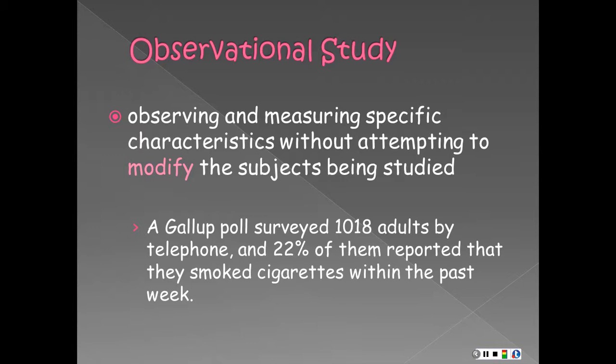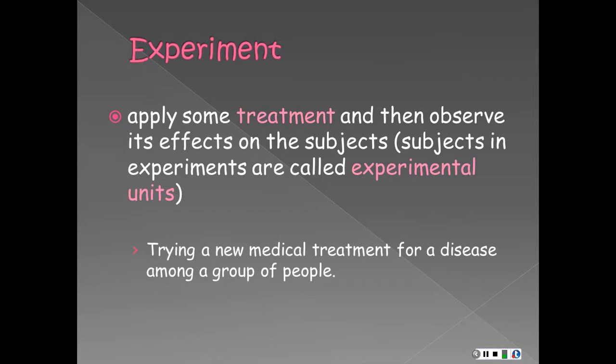So if you just survey 1,000 adults by telephone and 22% of them reported that they smoke, you're not trying to get them to quit or change cigarette brands or anything. You're just asking if they smoke or not, so that's an observation. Versus an experiment, you apply treatment and observe its effects. So if you try a new medical treatment among a group of people, then that's an experiment because you are attempting to modify.